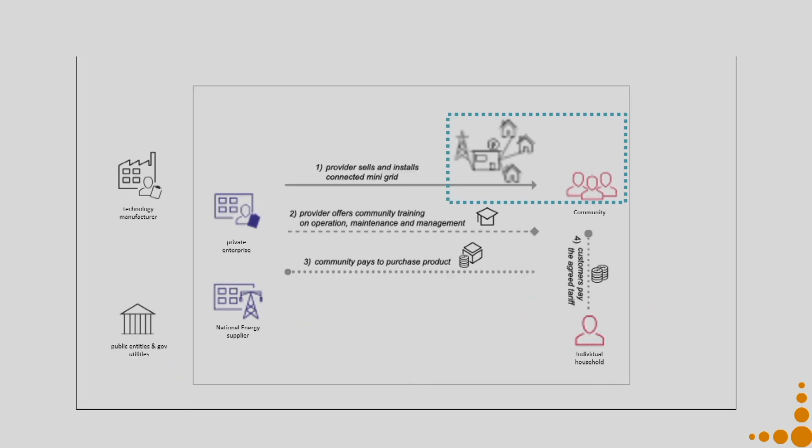So, how do we do it? Say for example, in this particular context, you can see that this private enterprise provider offers community training on operation, maintenance and management. So, there is a training service involved to the community. In the second example, you can see community pays to purchase product.